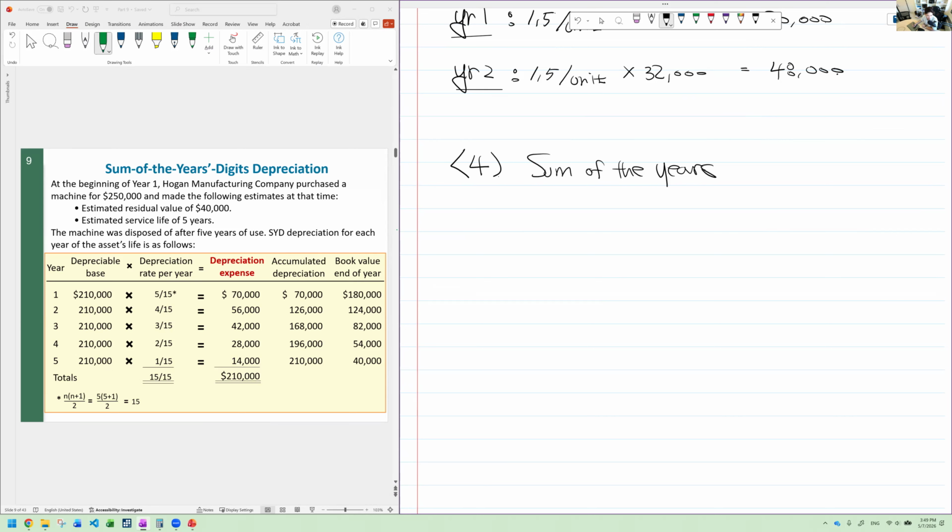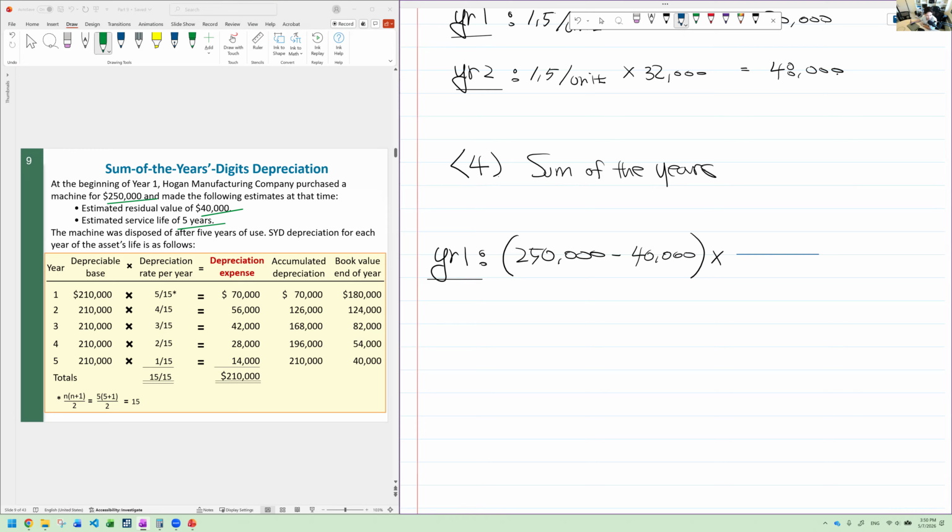So this is a $250,000 asset, residual value $40,000. We're going to use it for 5 years. So year one. The formula is, first we take the purchase price, $250,000, and then we subtract the residual value, $40,000. And then we're going to multiply this by some ratio.